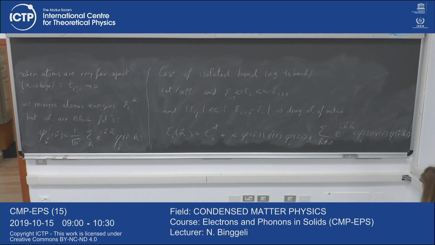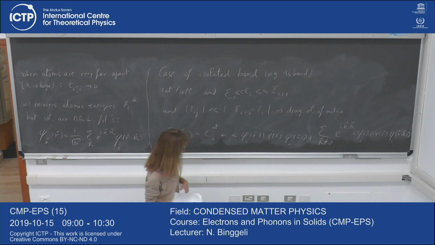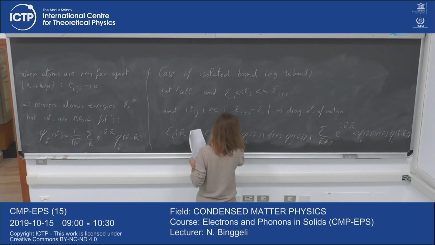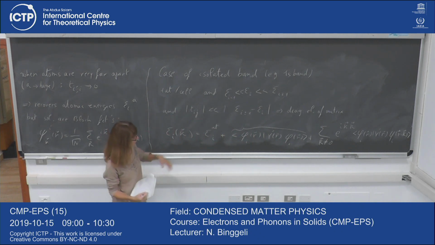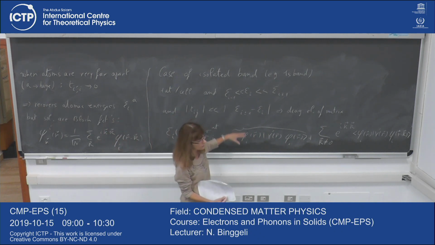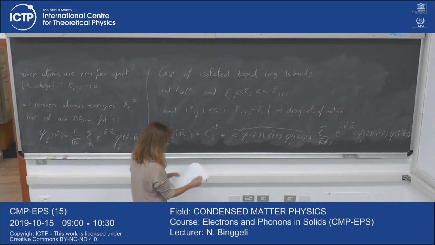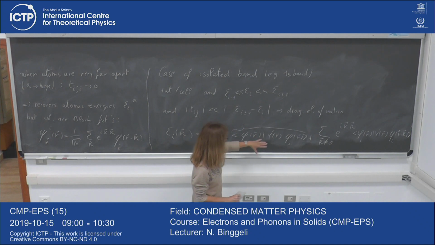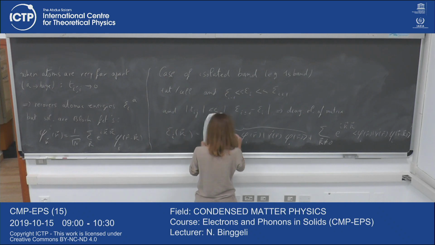Now, when one looks at this, one sees that this term is just a shift, it doesn't depend on k. It's just an energy shift due to the crystal field. So the atomic energy will be just shifted due to the effect of the atomic potential of the neighboring atoms. And it's just the average value over this wave function of the crystal potential, crystal field.